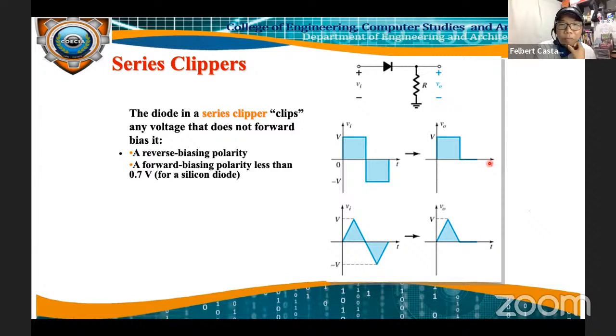Okay po ba? Ni-clip niya yung negative half cycle. Ito yung circuit na series clipper, at negative ng waveform yung nilimit niya. Ganito naman kapag triangular waveform yung input natin.